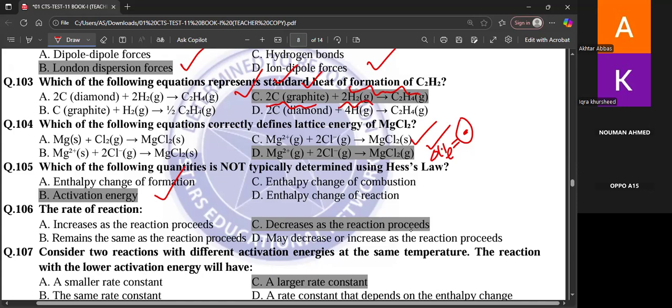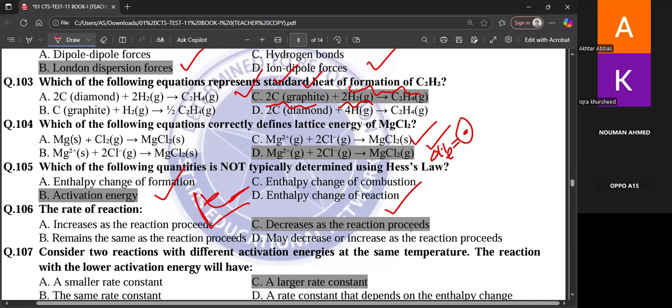Yes, in the beginning, the curve is steeper, so the rate of reaction is greater. It decreases as the reaction proceeds, and finally it becomes constant. So your best option is C.